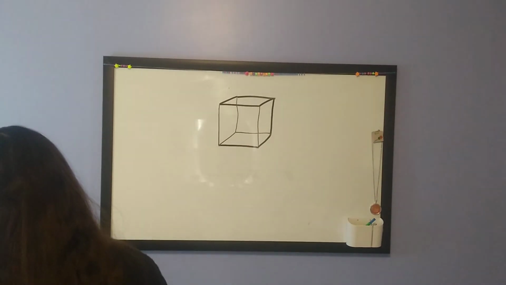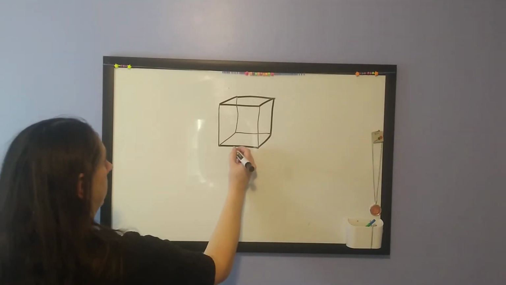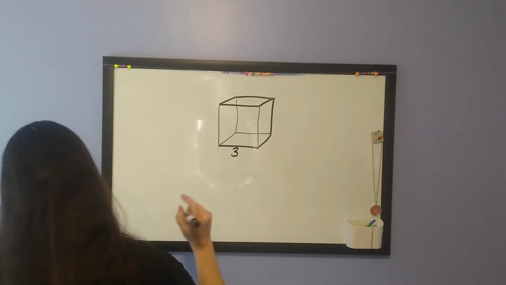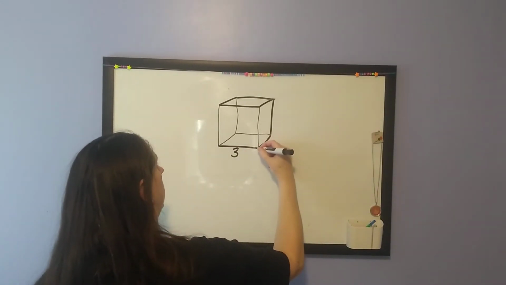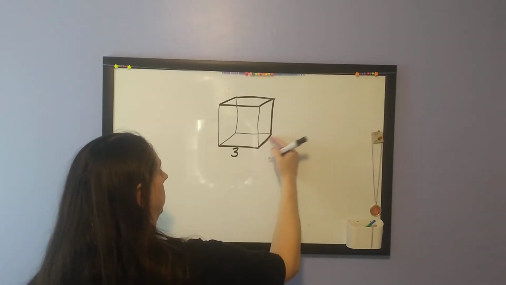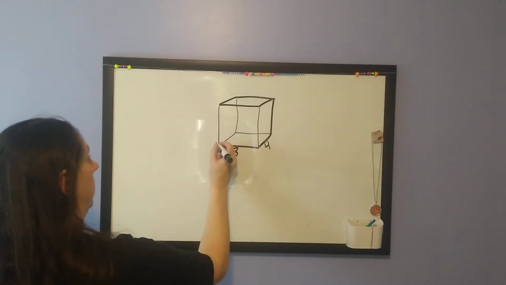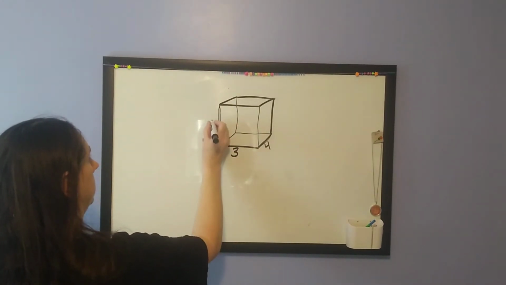If our length from left to right here is a 3, and our width from the front to the back is 4, and our height is 5.